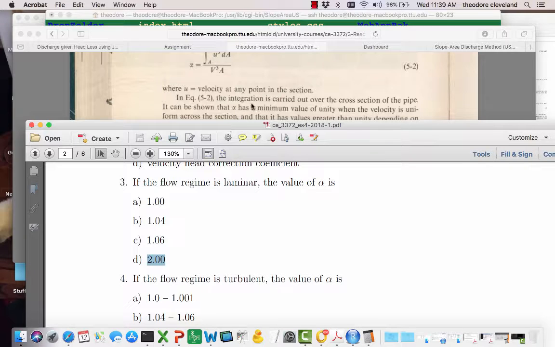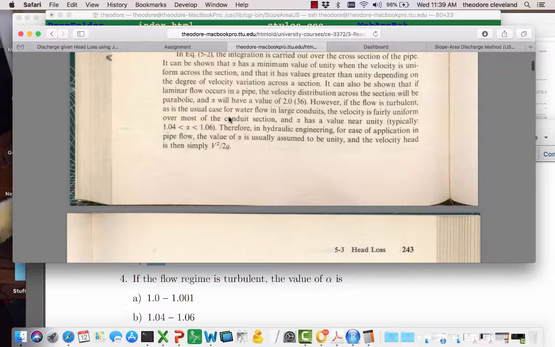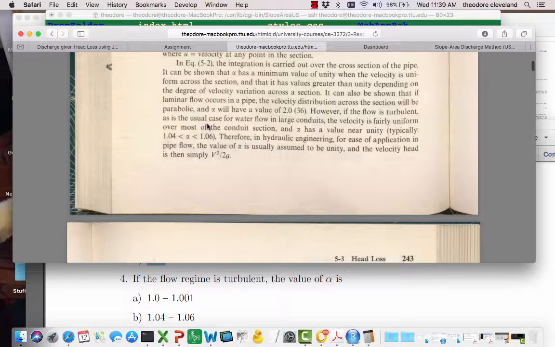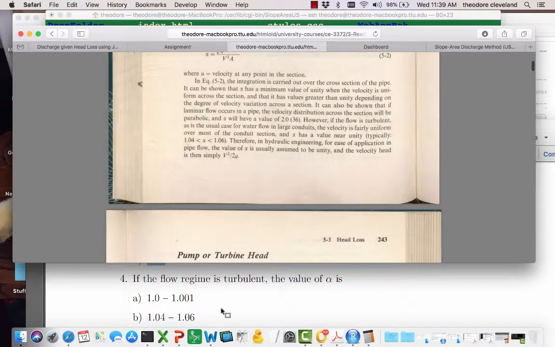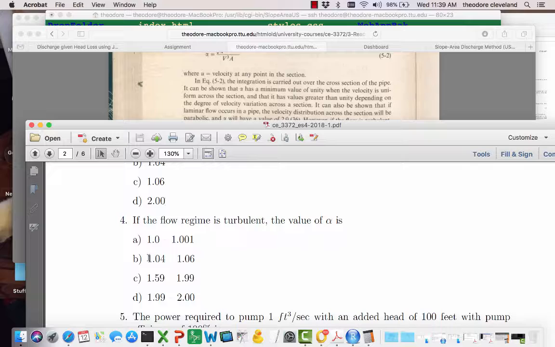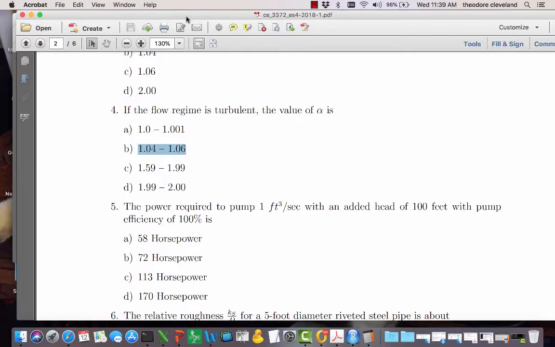The answer is D. If the flow regime is turbulent, alpha falls in the range 1.04 to 1.06, which would be the answer B. And 1.04 to 1.06 is close enough to unity to be adequate.